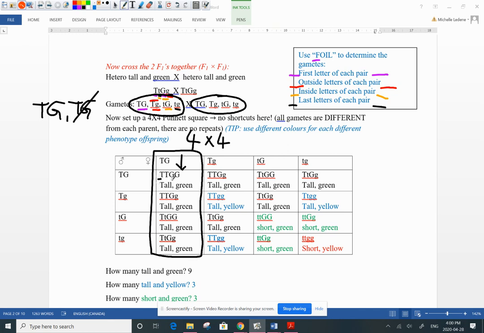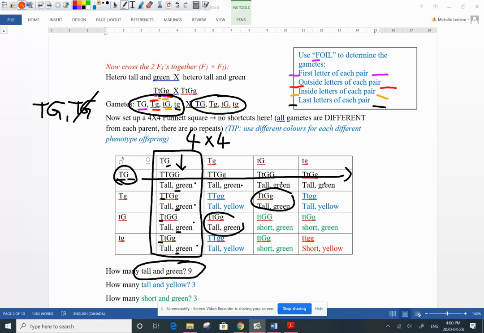Yep, big T. Each and every one of these offspring are tall. And there's a big G, so each and every one of them is going to be green. Same for going across in this column. Big T for tall, big G for green. So we've got 1, 2, 3, 4, 5, 6, 7 so far that are tall and green. And there's 2 more that are tall and green. So my total number of tall and green are 9.